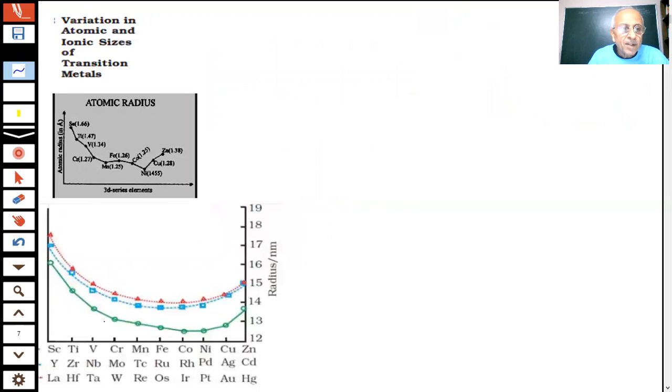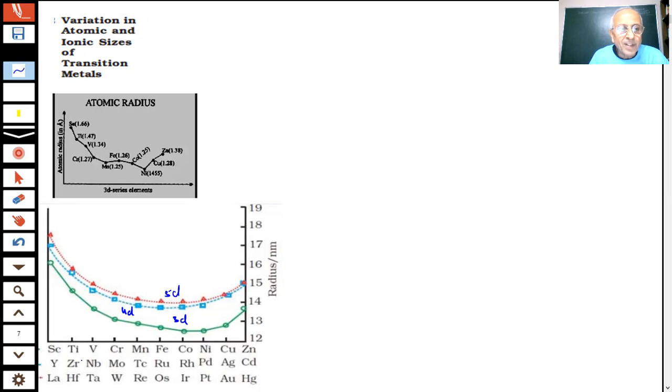Here, see, this is our zirconium and this is our hafnium. Zirconium belongs to which series, student? We have already indicated that this is our 3d series, this is our 4d series, and this is our 5d series.